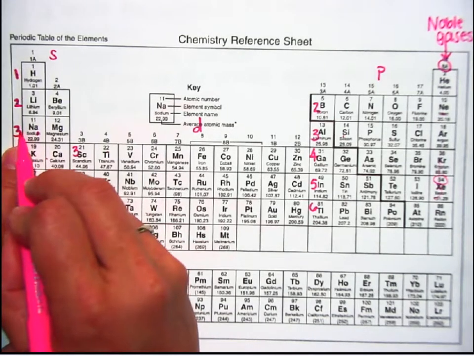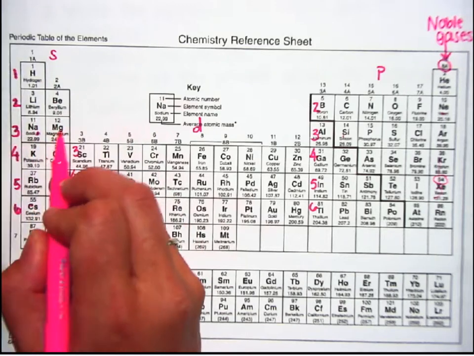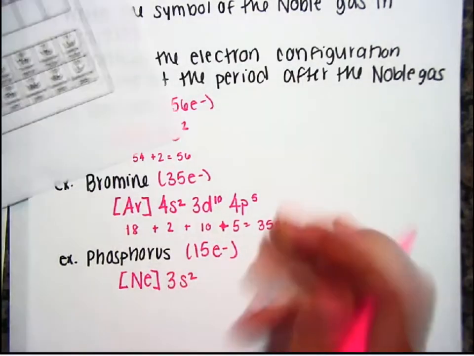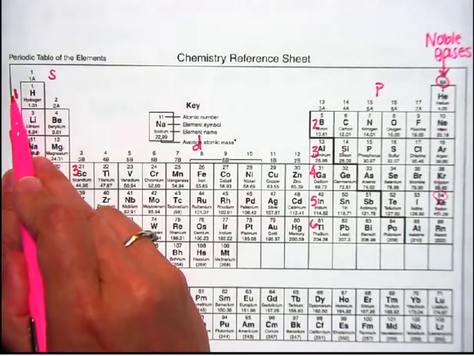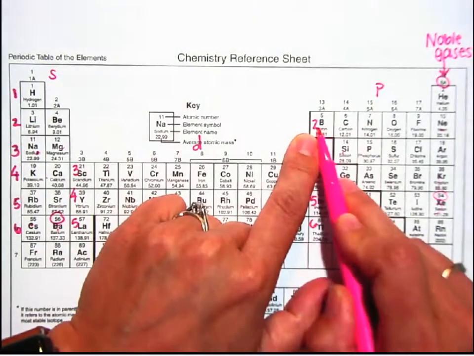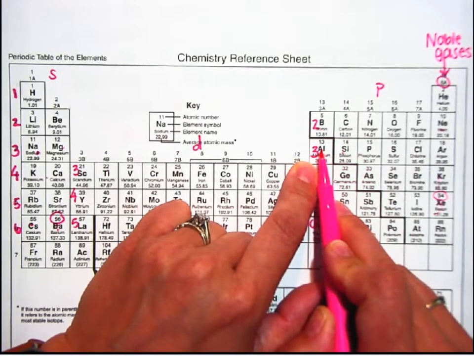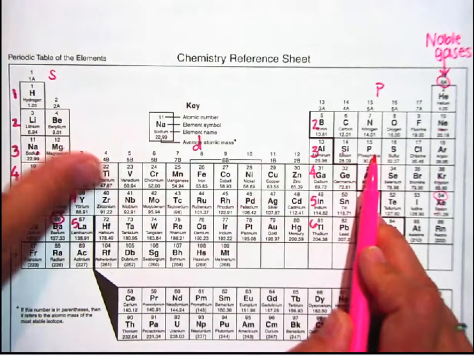This is the 3rd energy level of the s orbital, and s can hold 1, 2 electrons. Again, S starts at energy level 1, 1, 2, 3. P starts at energy level 2, so this would be my 2P, this would be my 3P, and phosphorus is 1, 2, 3. 3p3.